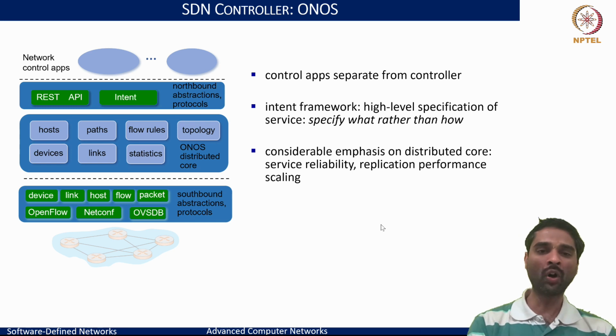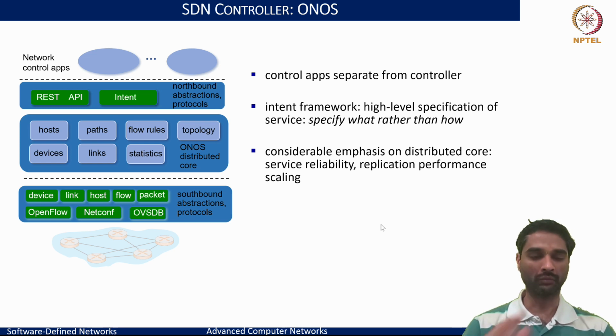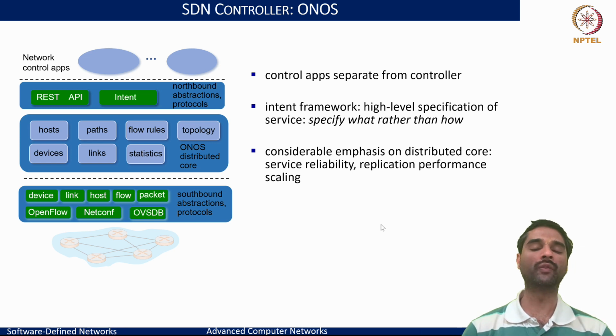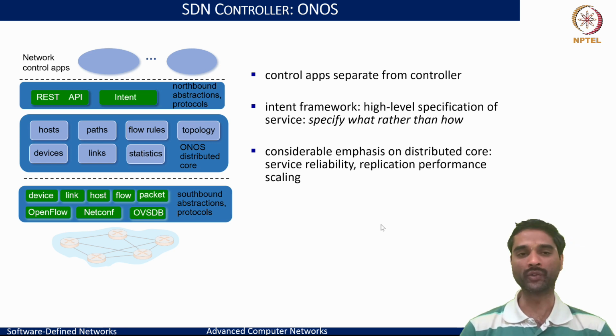On the southbound, ONOS supports OpenFlow for the control plane support to configure the forwarding plane of the data, and NETCONF as a means for the management plane, the management southbound interface, to communicate with the devices and configure them.